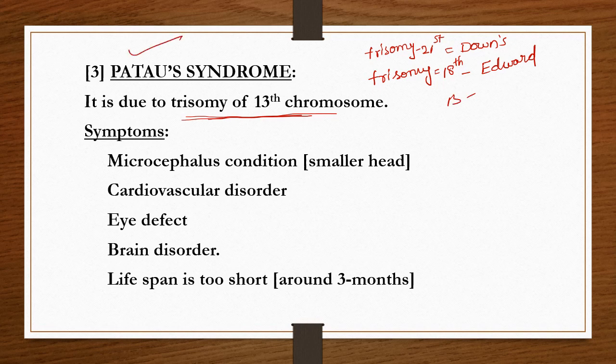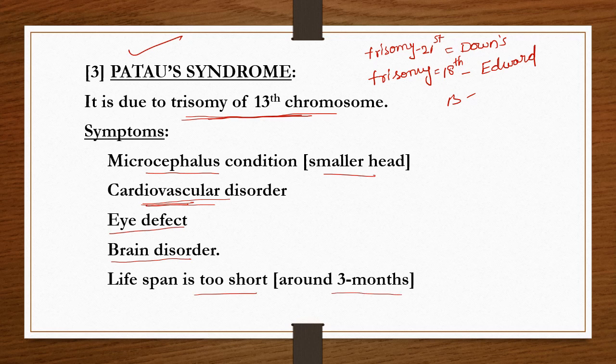The symptoms of Patau's syndrome are microcephalus condition, cephalus means head, micro, a small head is present. Cardiovascular disorders, that means heart problems. Eye defects, brain disorders. Due to these many disorders, the lifespan is very short, around 3 months.